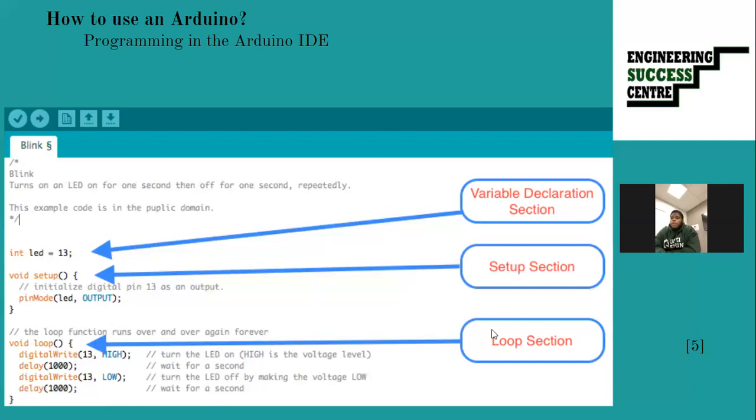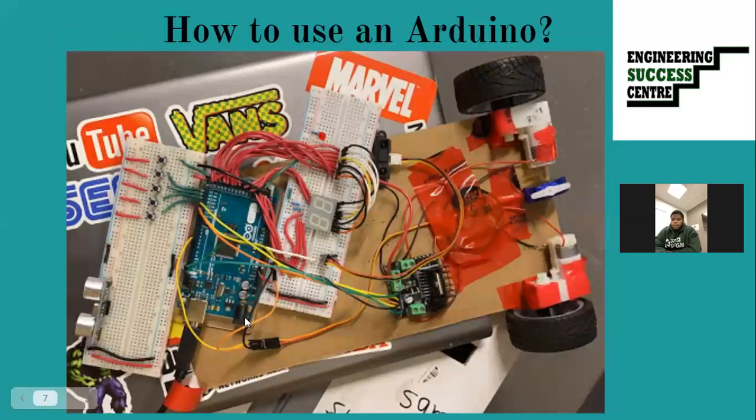And then you have your loop section, that's the actual code that the Arduino runs over and over again. Whereas the setup section is just going to run once, and then it goes into the loop section where it just runs continuously. Cool.